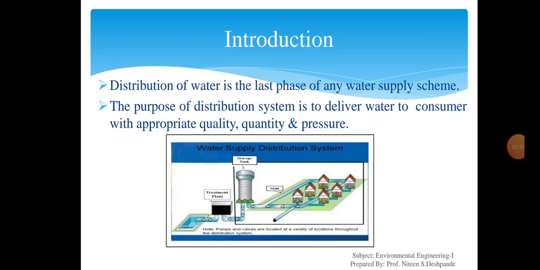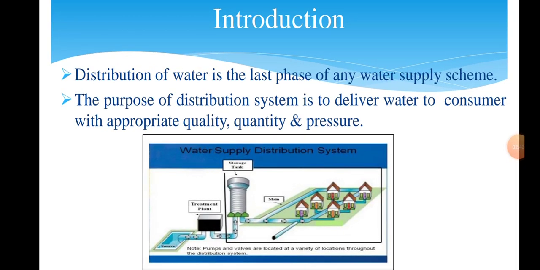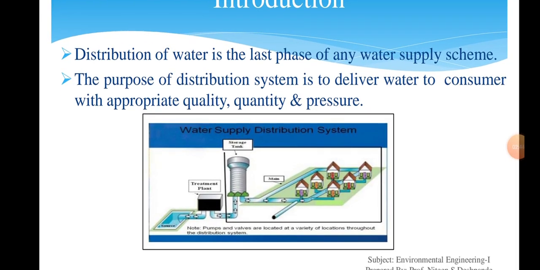Combining all these things together, it is called a water distribution system. In the image you can see the treated water is conveyed to the elevated storage reservoir, and from that ESR or elevated service reservoir it is then distributed among the consumers.